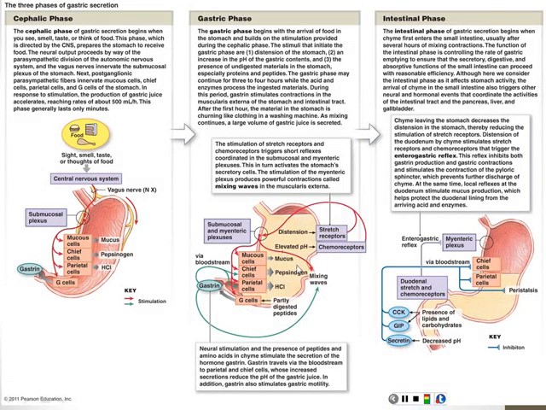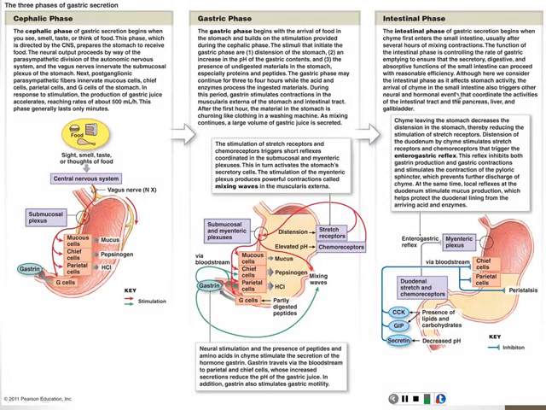So now it's time for the contents of the stomach to move on to the rest of the system. So we call that the intestinal phase. Another name for intestinal phase, you could call it gastric emptying. In other words, the stomach got filled up, and now it's got to empty into the small intestine in order for the rest of the work to get done.